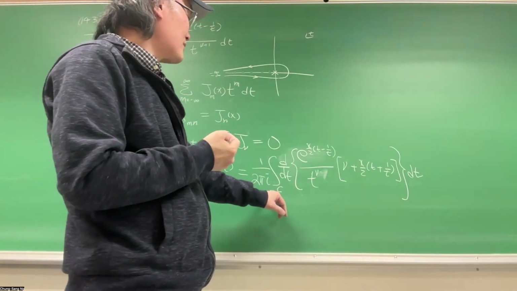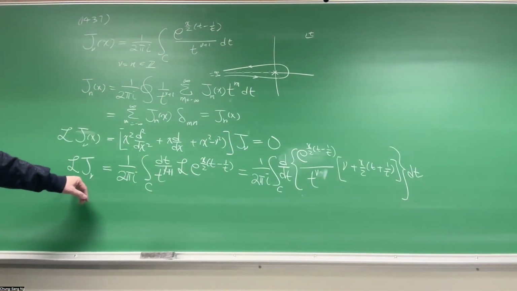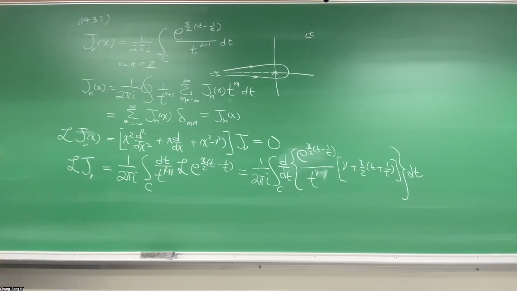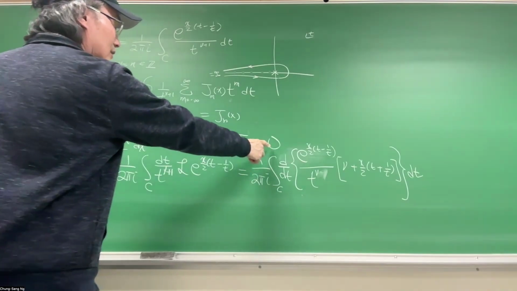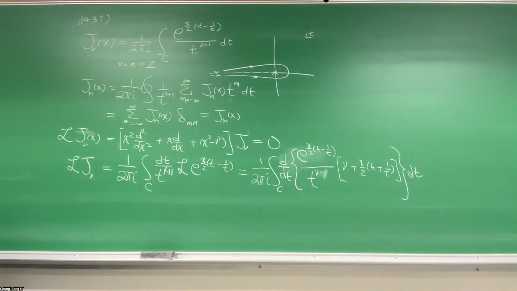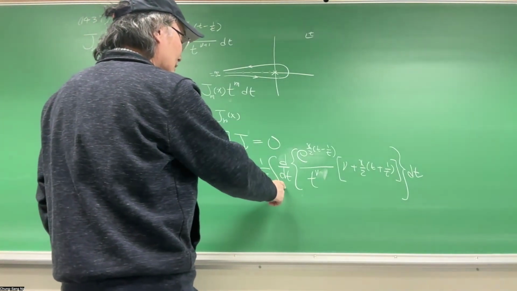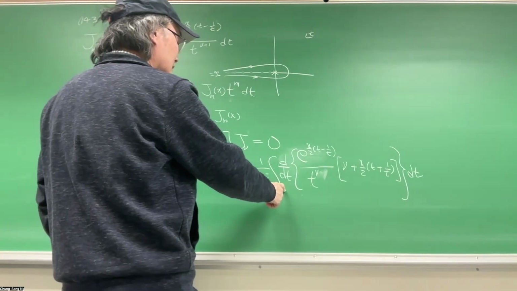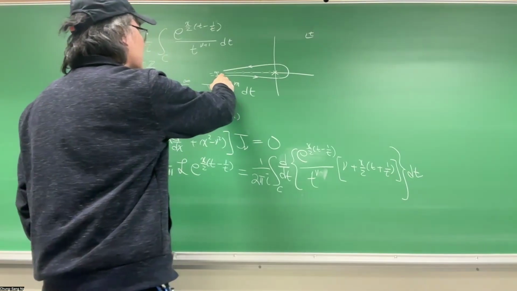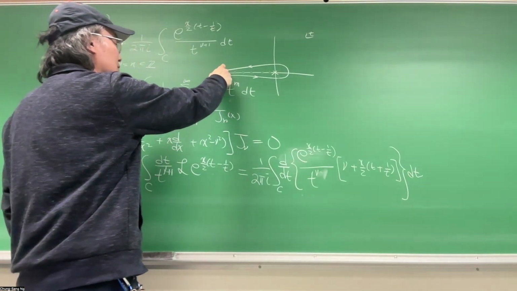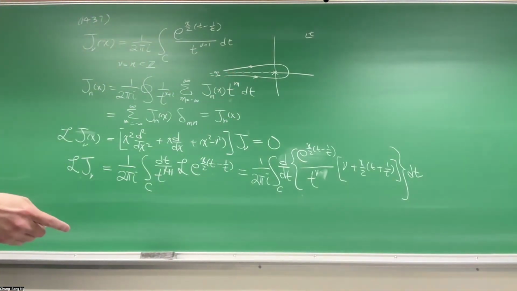But anyway, we just want to discuss the reason we do that and why this will give you 0. We want to show that this operator gives 0 on the right-hand side. Right, and because you write it as a total derivative d/dt, you are starting at negative infinity, going around, and going to negative infinity again.